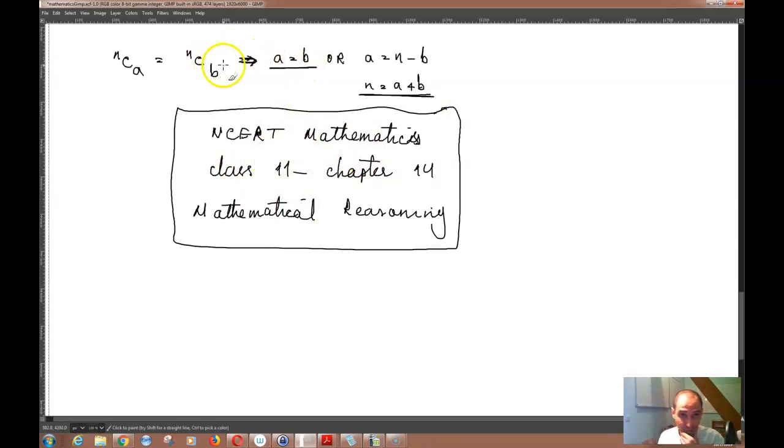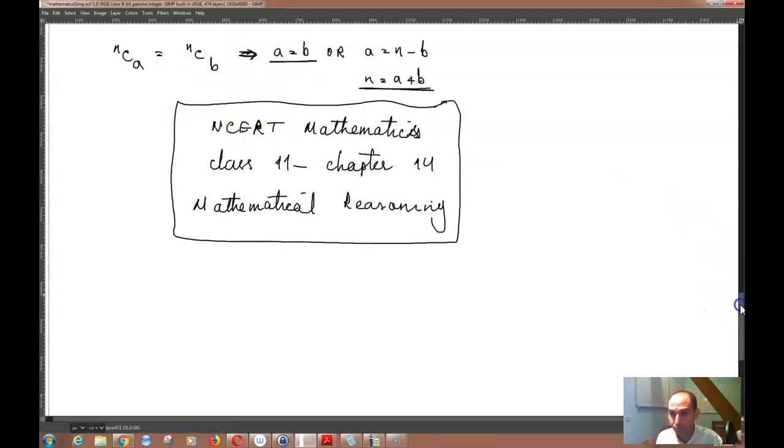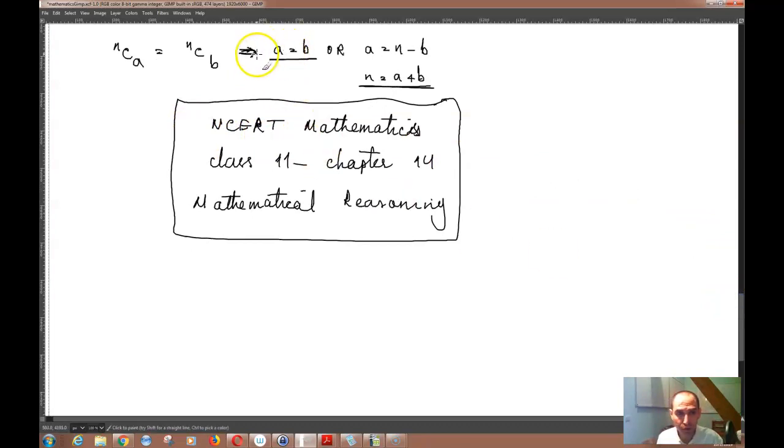Now, this kind of thing is not as simple as it seems to be. It's actually a little bit tricky, and there is a truth table related to this thing that we call implication.